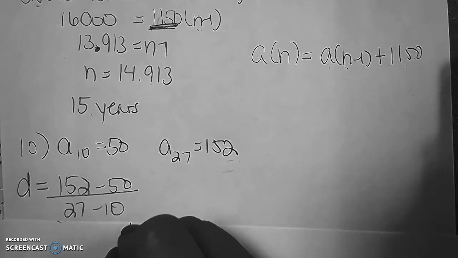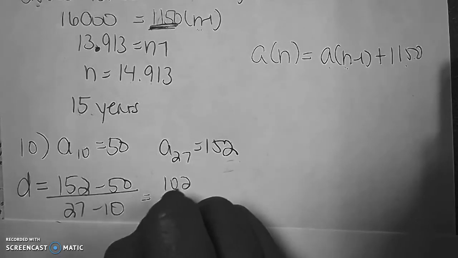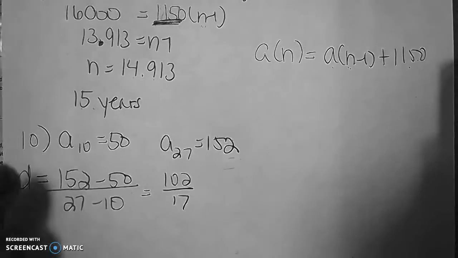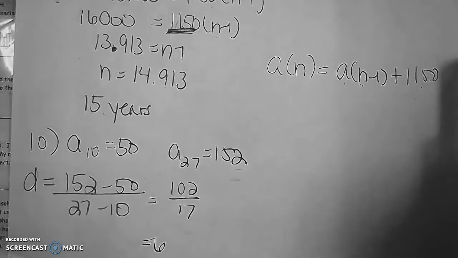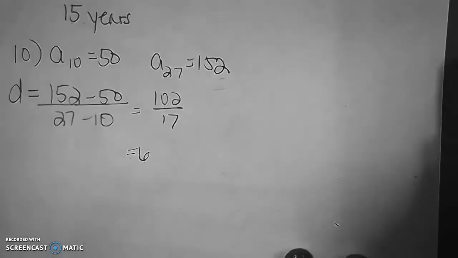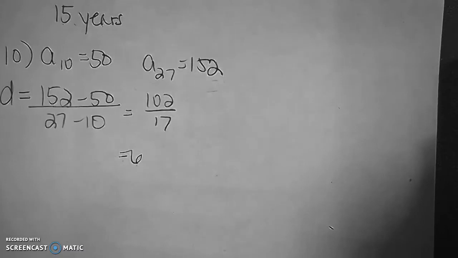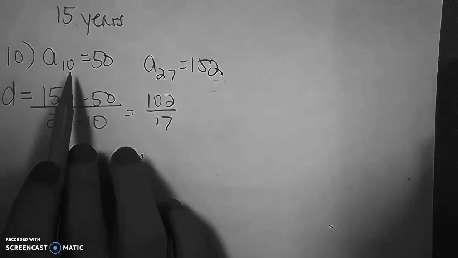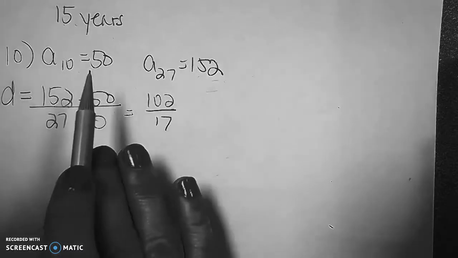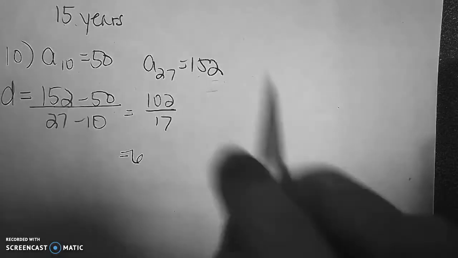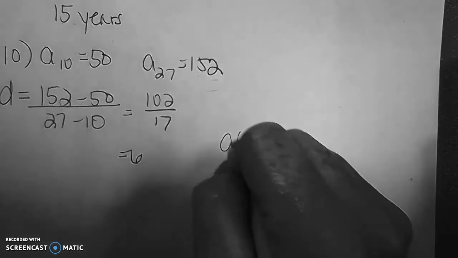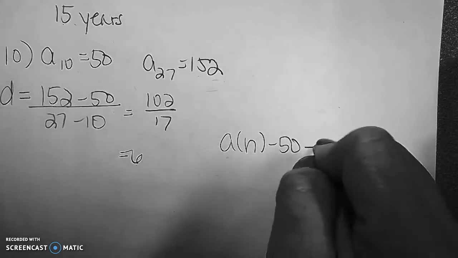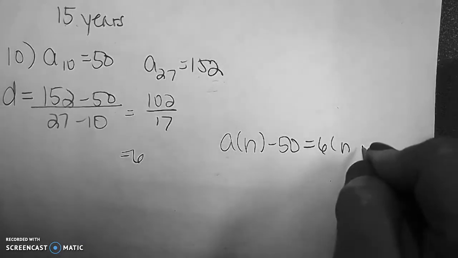When you set this up, I get 102 over 17. So I find the common difference to be 6. I need to write the explicit formula, and I can use either of the points that I have created here. So I'm going to use 10, 50. A sub N minus 50 will equal 6 times N minus 10.